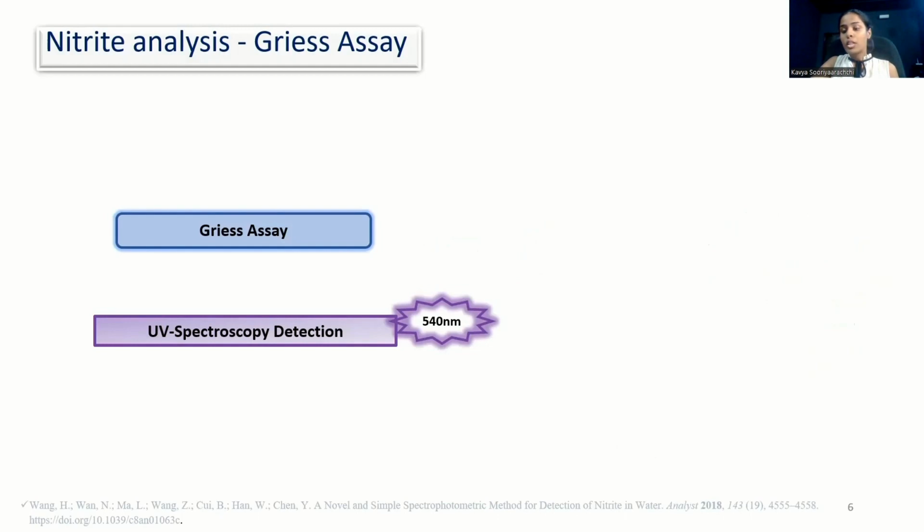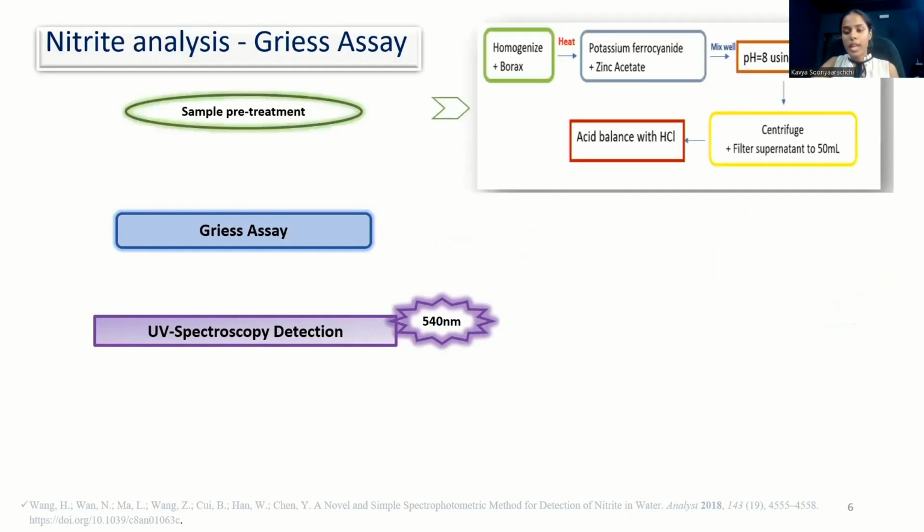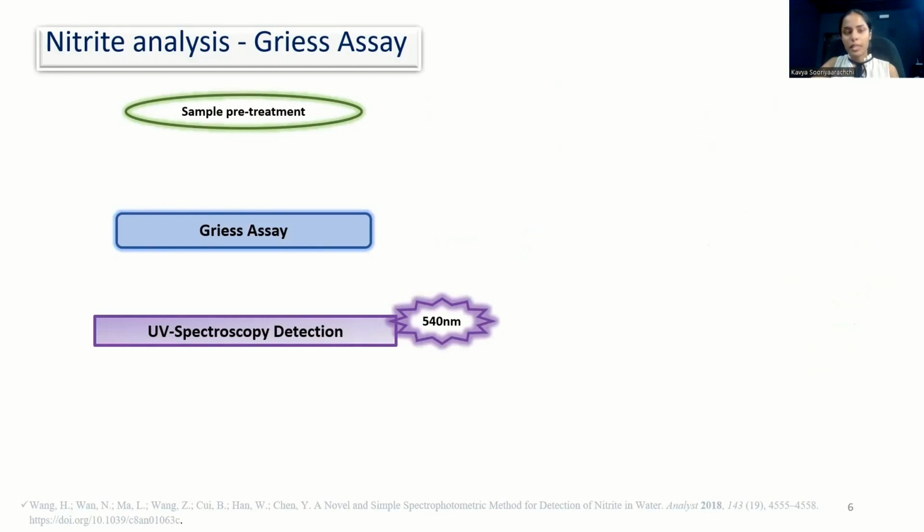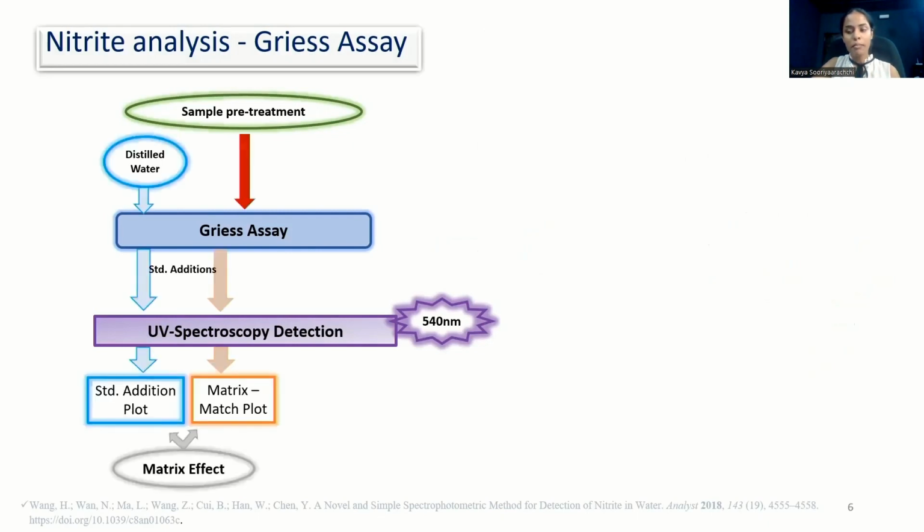The sample pre-treatment was carried out by homogenizing and precipitating proteins out, and finally obtaining an acidified final extract. The main part of the chemical methodology was first to validate this method, which was done by evaluating detection limits, obtaining spike recoveries, and matrix effect values.